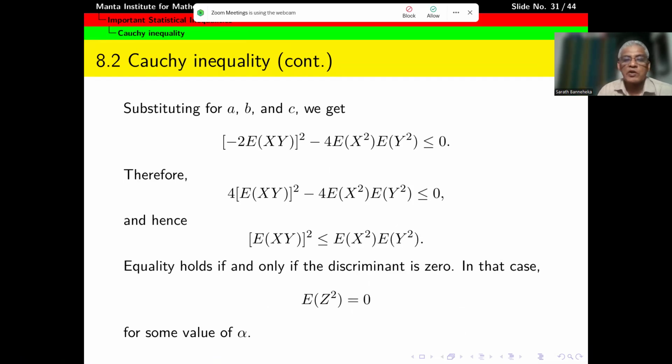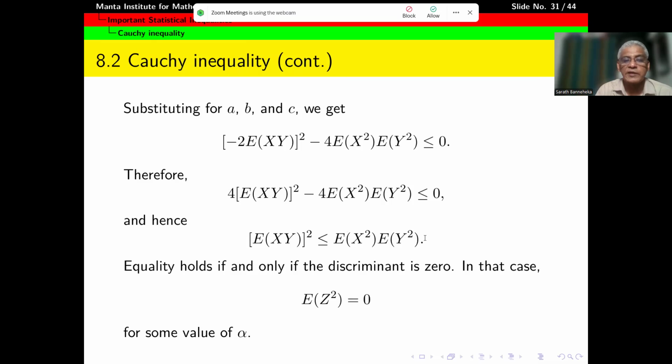But there's a part we have to prove, that is equality holds if and only if y is equal to alpha times x for some alpha, right? So that means y should be a constant multiplication of x. That is the only case where this expected value of xy square is equal to expected value of x square times expected value of y square.